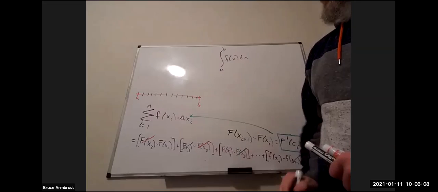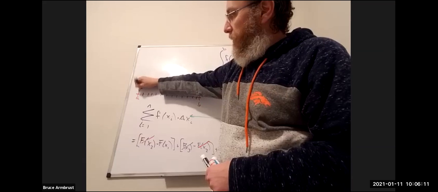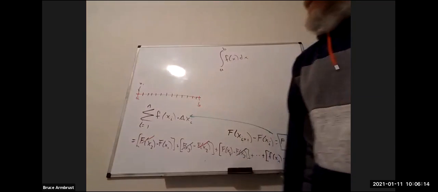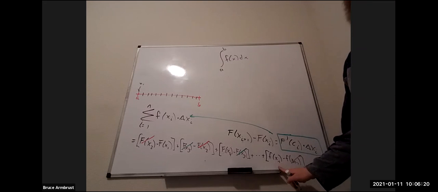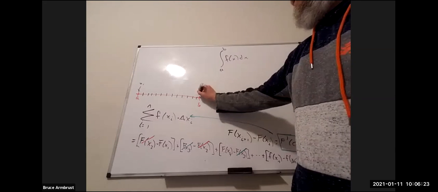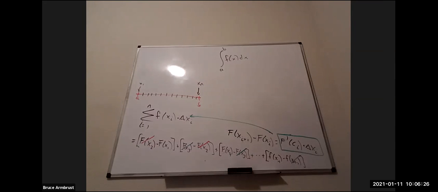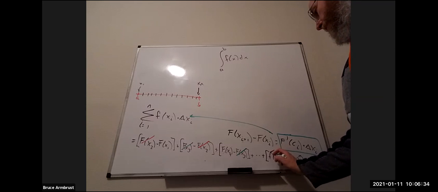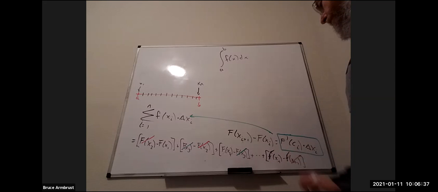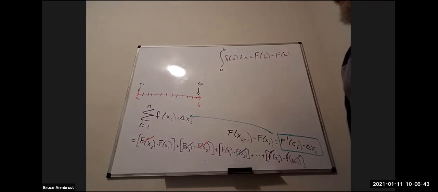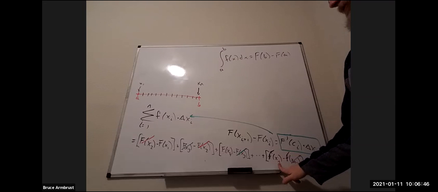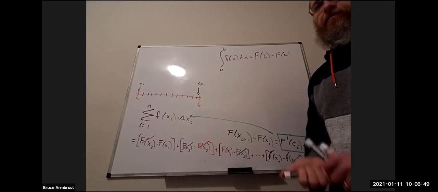If you remember what x sub 1 was, it was the left endpoint of the furthest left interval. And we're left with an f of x sub n, which was the right endpoint of the rightmost interval. Those are supposed to be capital F, sorry. And so what we're left with then is F of b minus F of a. This guy's F of b, that one's F of a.